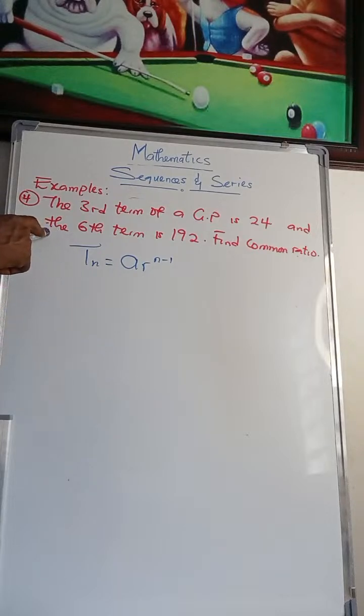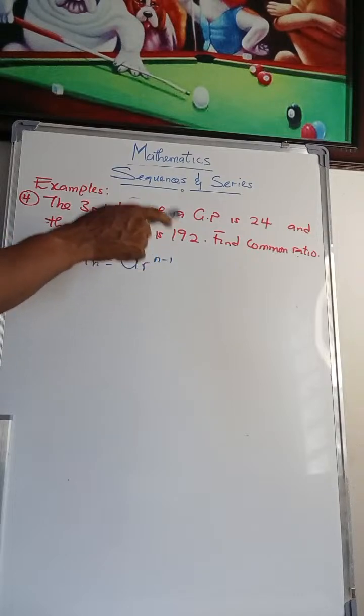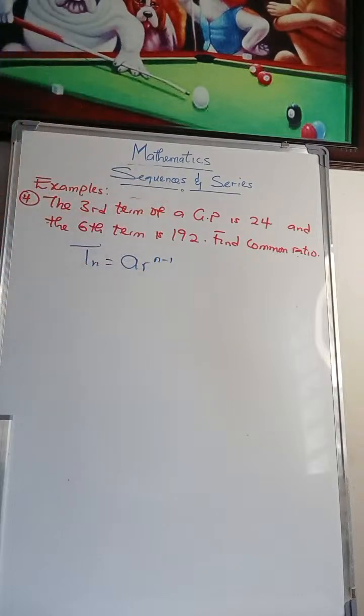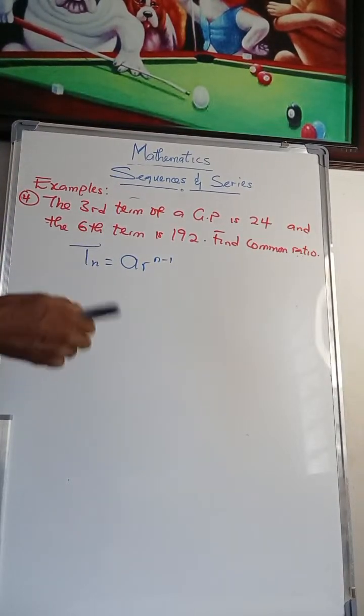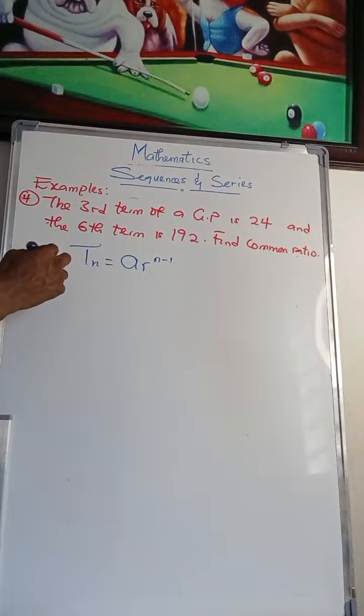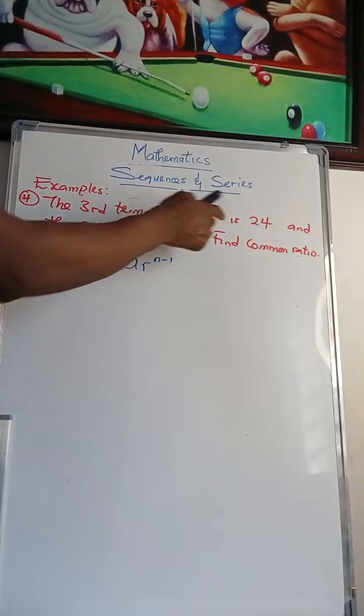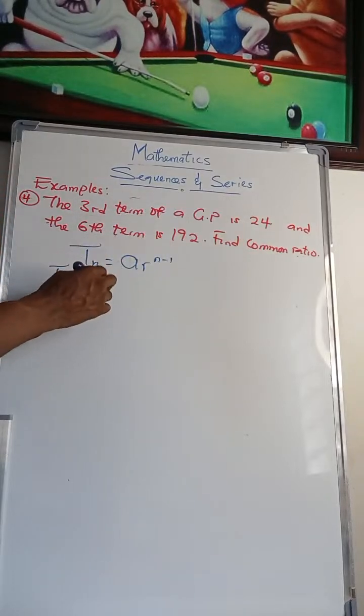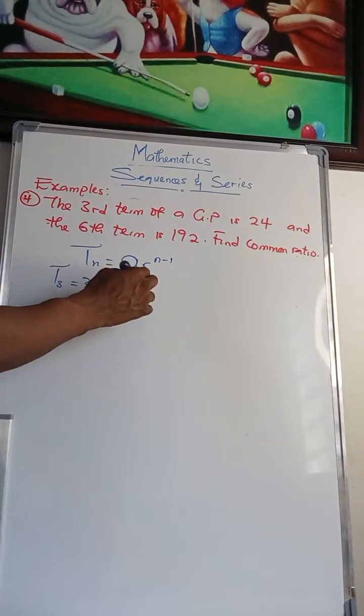The third term is 24, which means n is 3.